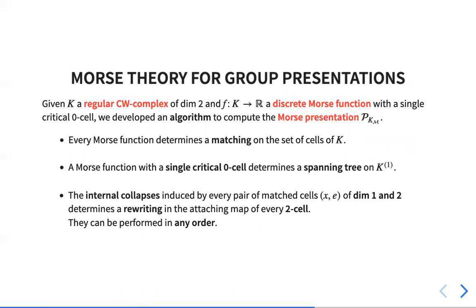You have this set of pairs of one cells and two cells that determines an internal collapse, and you can perform it in any order. You're going to obtain the same complex. This is a consequence of thinking of a Morse function as an acyclic matching: this acyclicity implies that any order is a valid order.